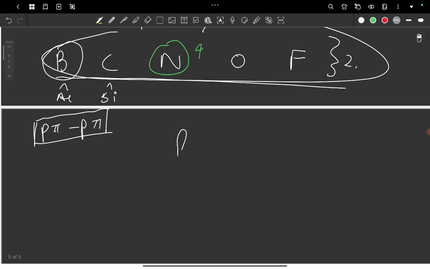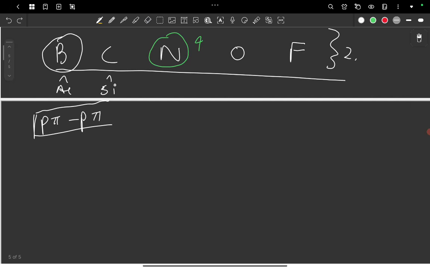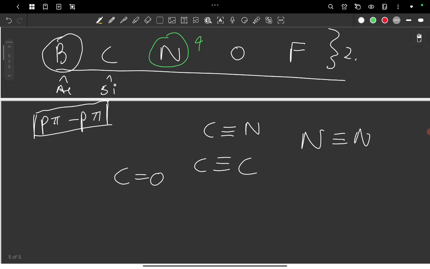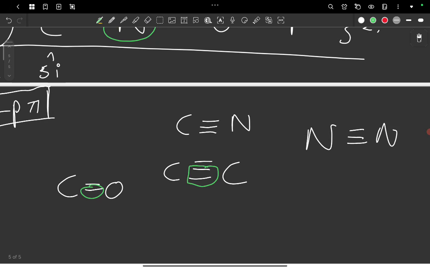And p orbitals can form multiple bonds. For example, C triple bond N, or C triple bond C, or N triple bond N, or C double bond O. You see how they are able to form one extra bond, or maybe even two extra bonds, as compared to the normal, say, diatomic molecule with only one single bond.